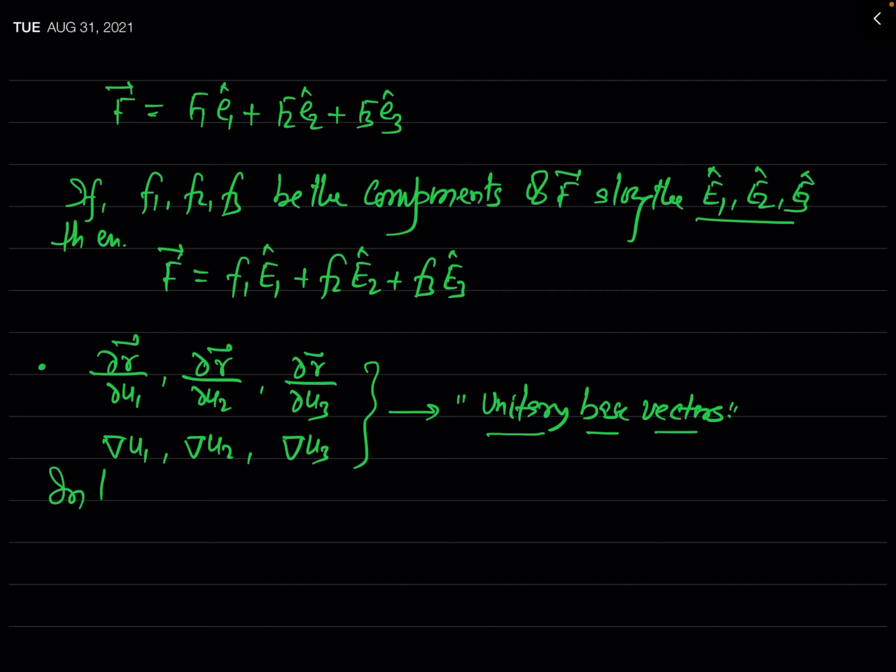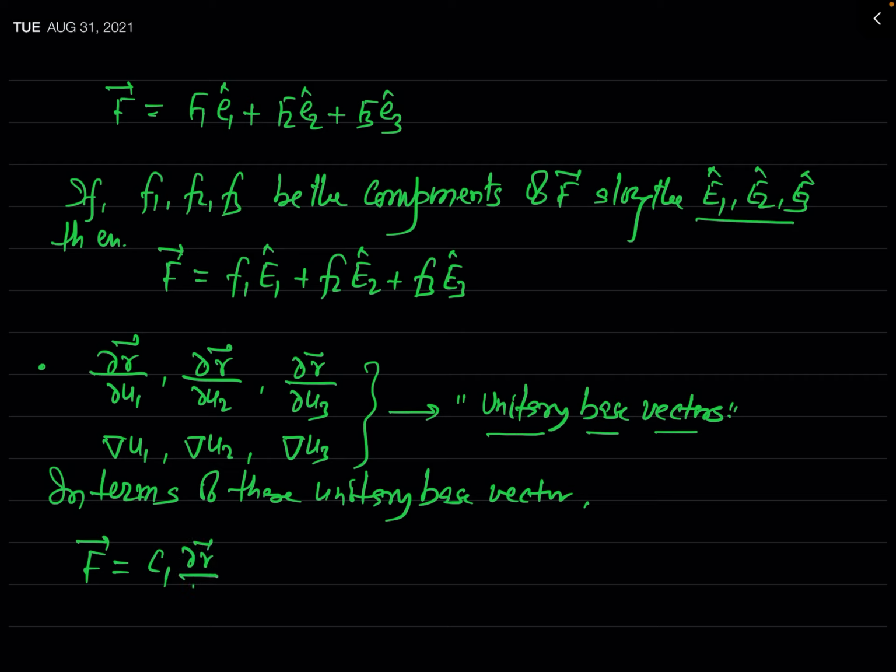So in terms of these unitary base vectors, vector f can be written as c1 del r by del u1 plus c2 del r by del u2 plus c3 del r by del u3.